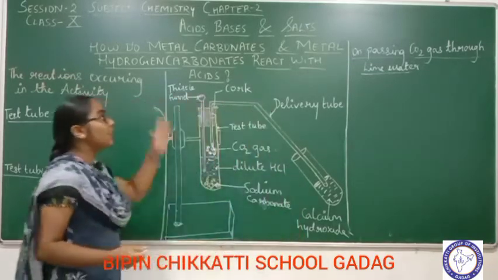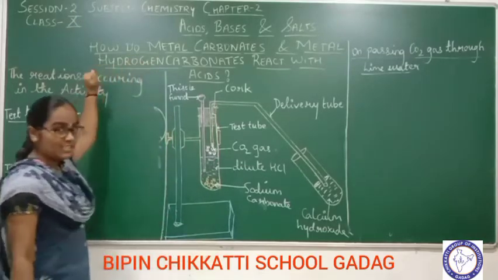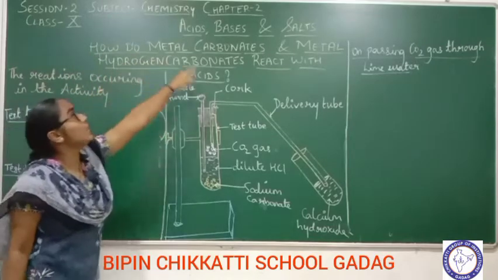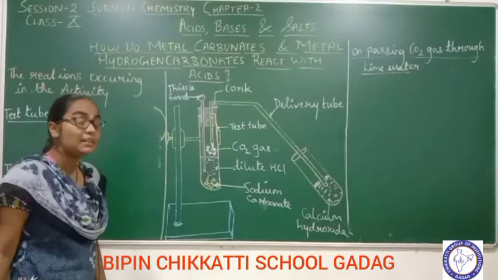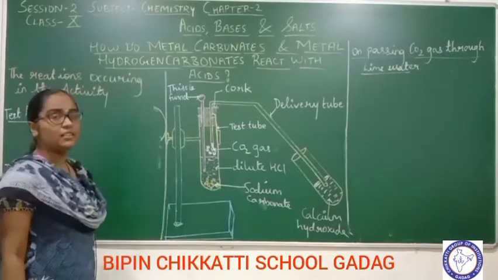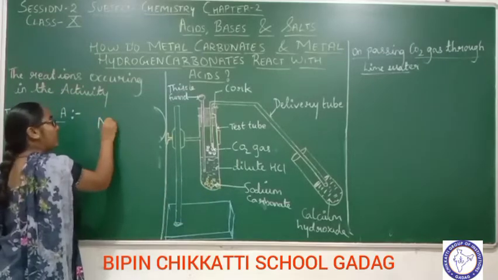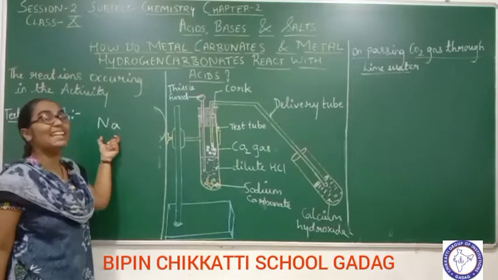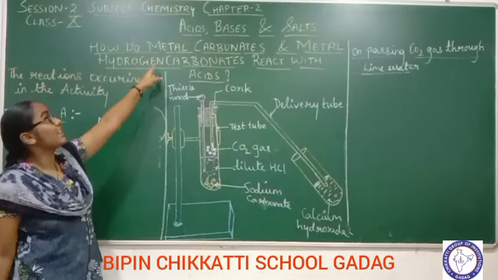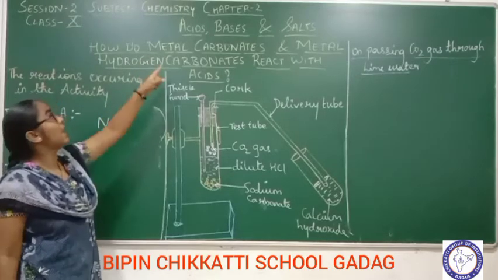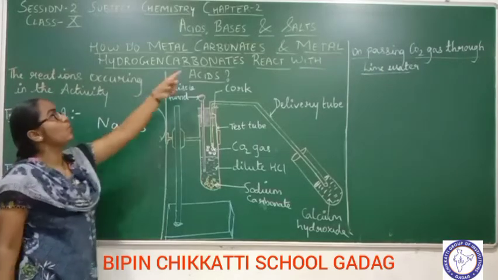Now the second reaction we are going to study is based on this question: how do metal carbonate, metal carbonate. Now metal is the purest form of an element, right? Which metal are we going to consider in this reaction? One metal whose name is sodium, and sodium is symbolized with Na. This is the symbolized form for sodium. So the metal is sodium, and carbonate is CO3, the symbolized form for carbonate.